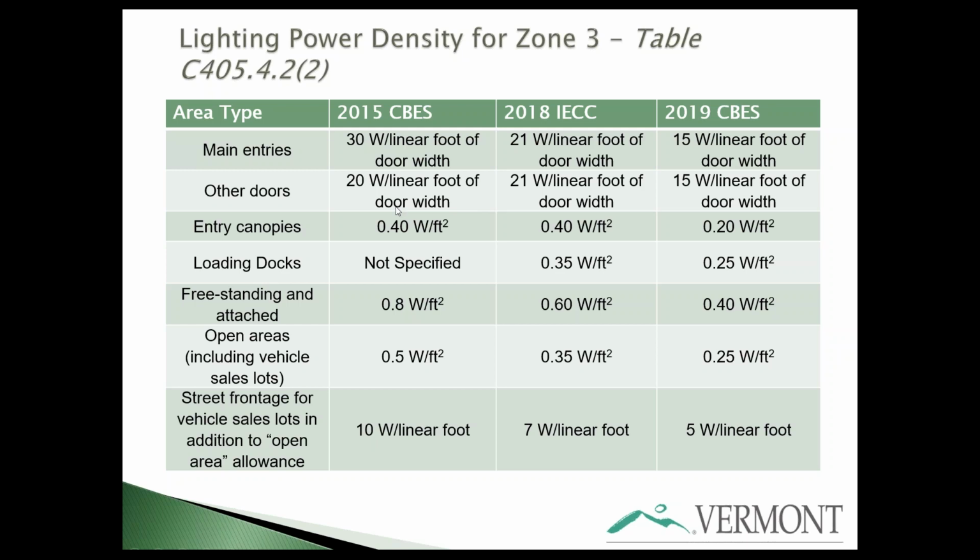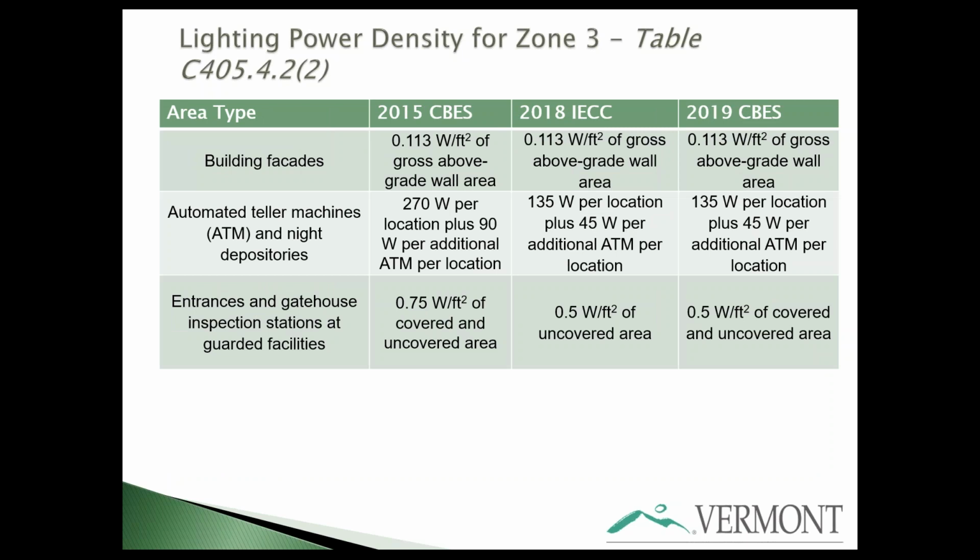Again, a new category here: loading docks is now specified. Here we have building facades, ATM machines, gatehouse entrances. You'll notice that facades have not changed from the current code, while some of these others have moved down some.